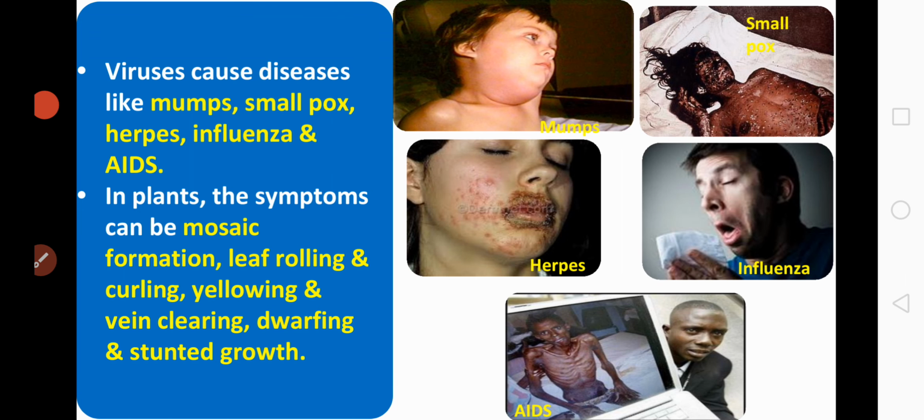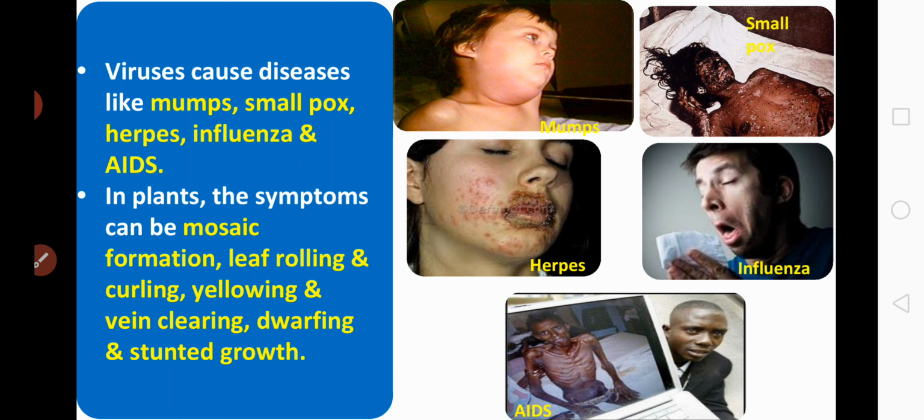Now coming to the diseases caused by the viruses. Viruses cause diseases like mumps, smallpox, herpes, influenza and AIDS. These are some of the diseases caused by the viral particles.